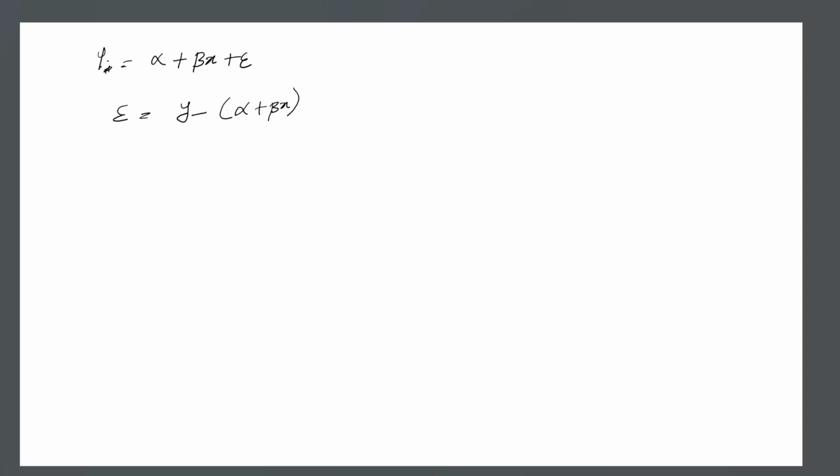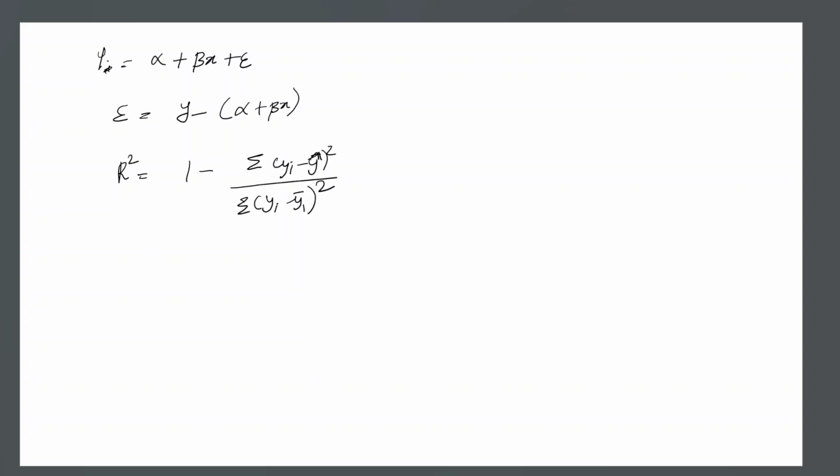When we find the R square, R square is based on the sum of the least squares. It's 1 minus the summation of yi minus the expected value, the whole square, divided by the summation of yi minus y bar, the whole square.